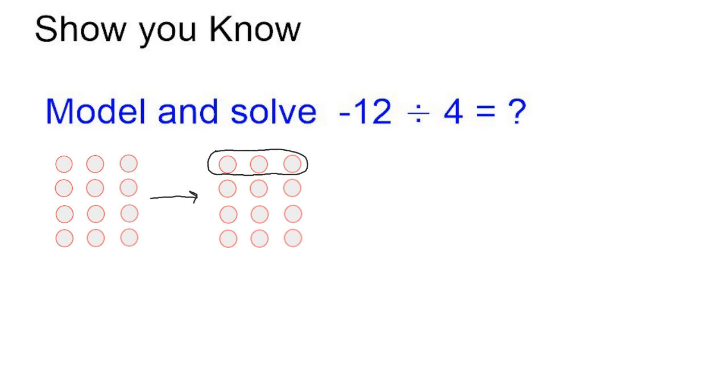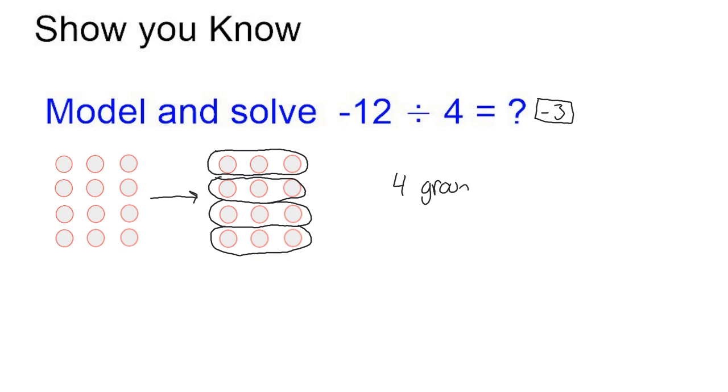So there's 1 group, 2 groups, 3 groups, and my 4th group. And in those groups, I have 3 negatives. So my answer is going to be negative 3. So again, 4 groups of negative 3.